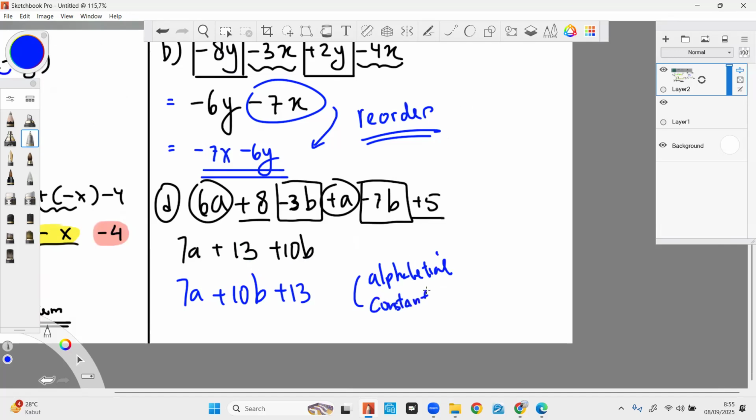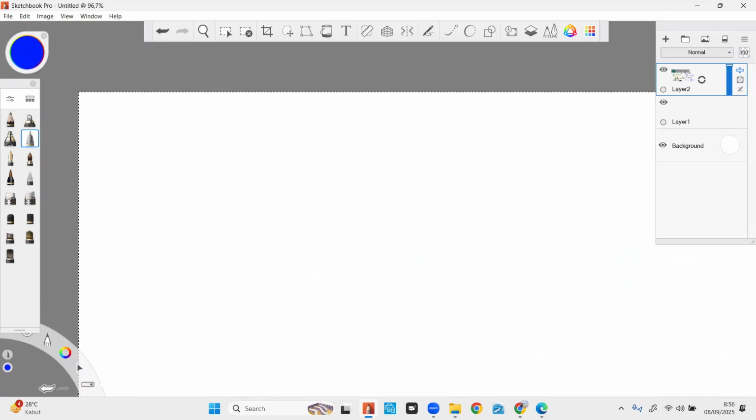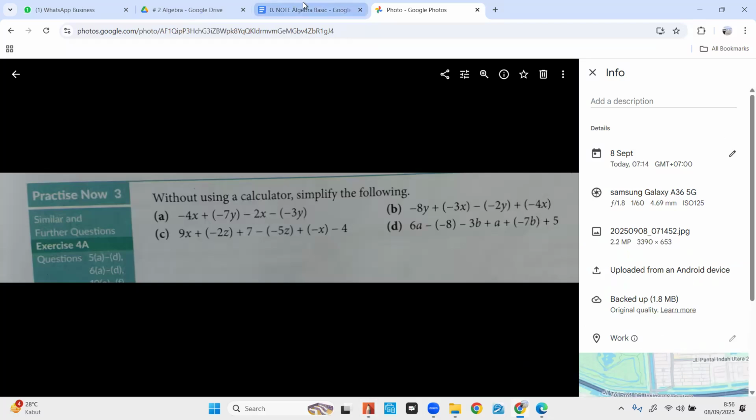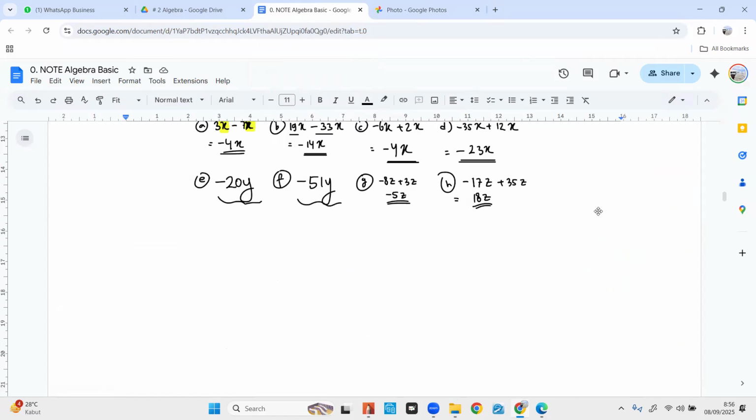Usually like this. Constant at the end. We order alphabetically. Okay, that's it for this topic. Then we're going to go for exercise practice now.